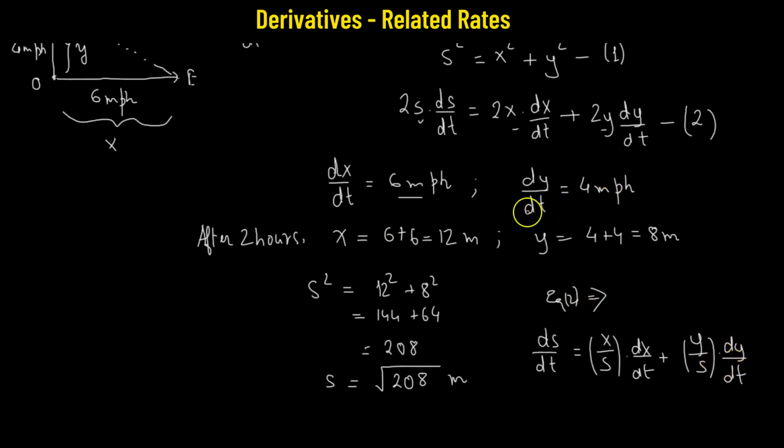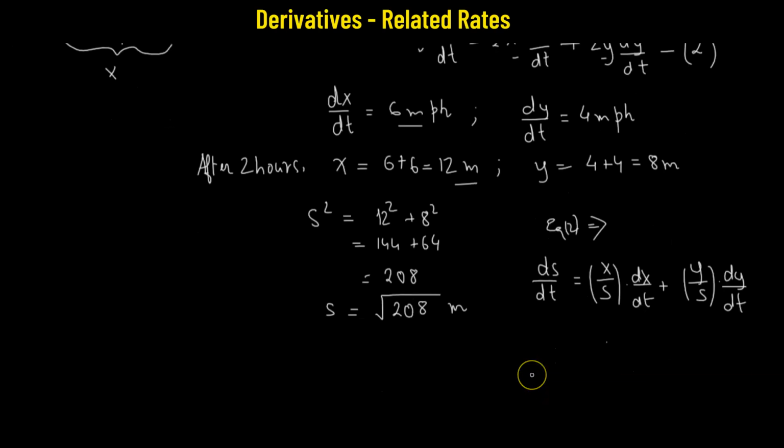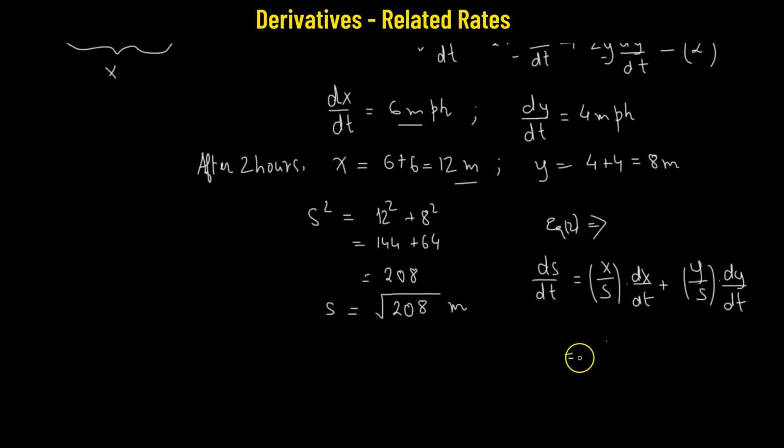So we can substitute all the values. x is 12 and s is square root of 208. So our x value is 12 meters divided by square root of 208 times the rate of change of x, which is 6, plus y value 8 divided by square root of 208 multiplied by dy over dt.